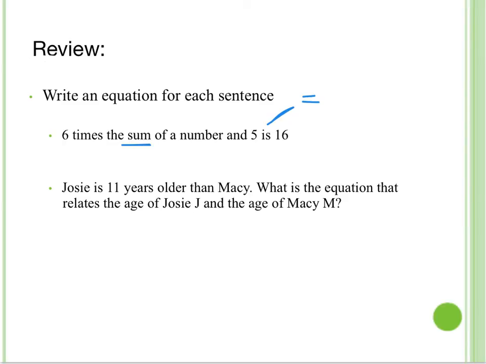And then I'd also like you to write an equation for Josie is 11 years older than Macy. Remember what we do with that. What is the equation that relates the age of Josie and the age of Macy? So pause this video, take a moment, and then I will go ahead and write down what I get as the answers, and you can compare yours to mine.